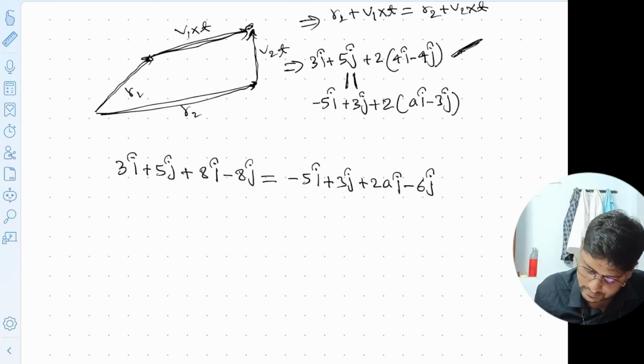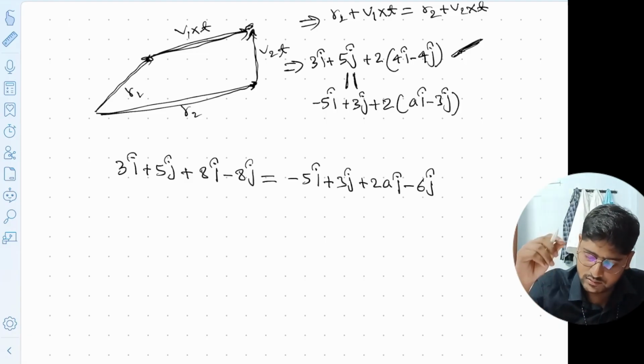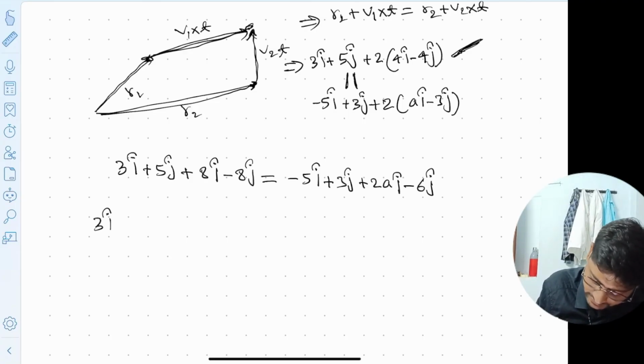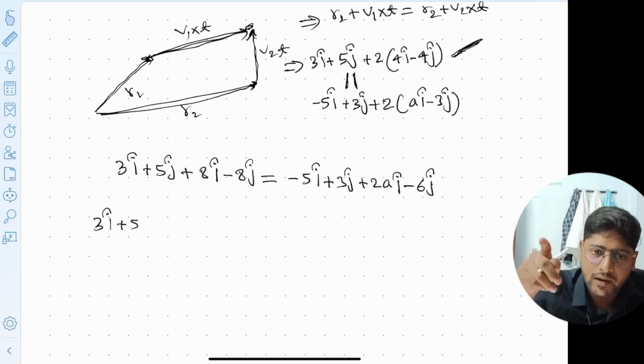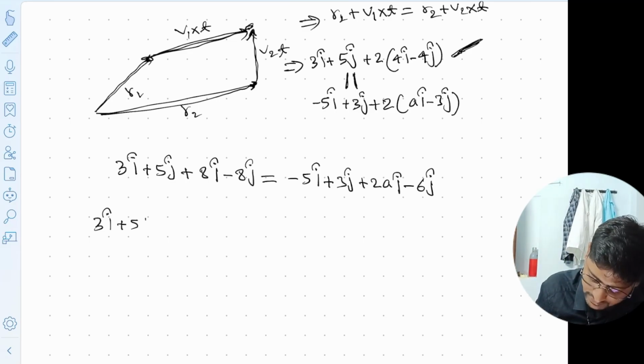So keep those right vectors on the left side: minus becomes plus and plus becomes minus there. Minus 5 i cap becomes plus 5 i cap.